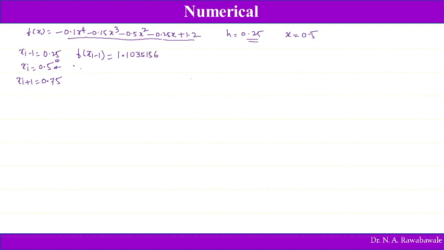If we substitute 0.5, that becomes f of xi, which is equal to 0.925. And if we substitute x as 0.75, then f of xi plus 1 becomes 0.63632813.